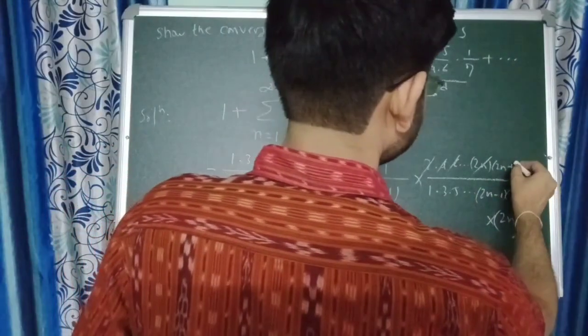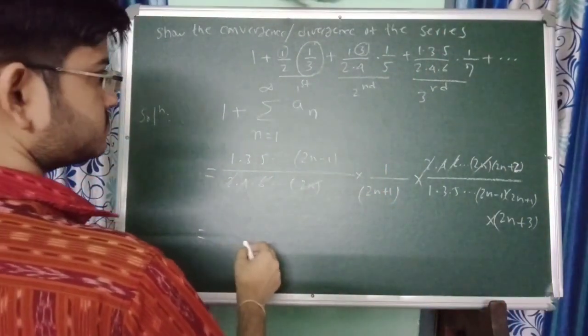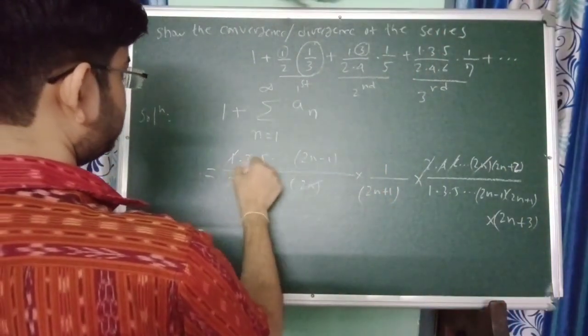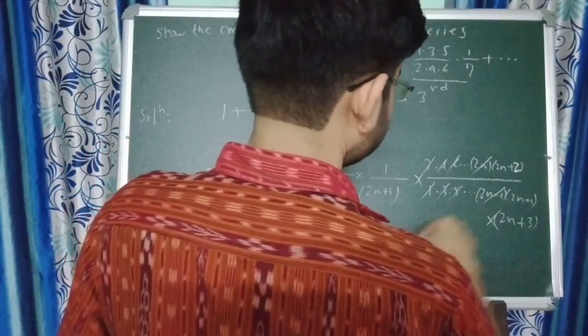This is 2n plus 2. And here 1, 3, 5 up to 2n minus 1.